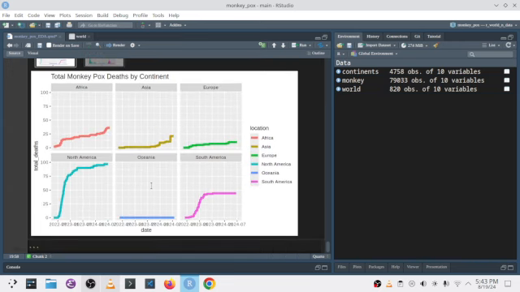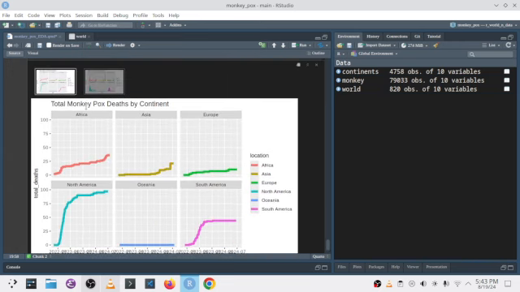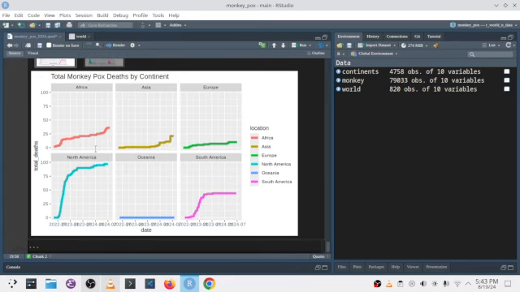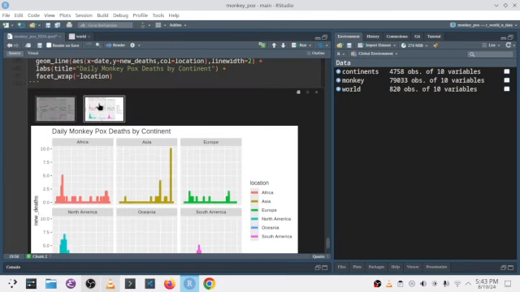I kind of like this plot. Anyway, total monkeypox deaths by continent, okay? Same period of time, look at North America. North America and South America had the most total cases, but again, it's not that many cases. Africa and Europe had very few cases, okay? What about over here?